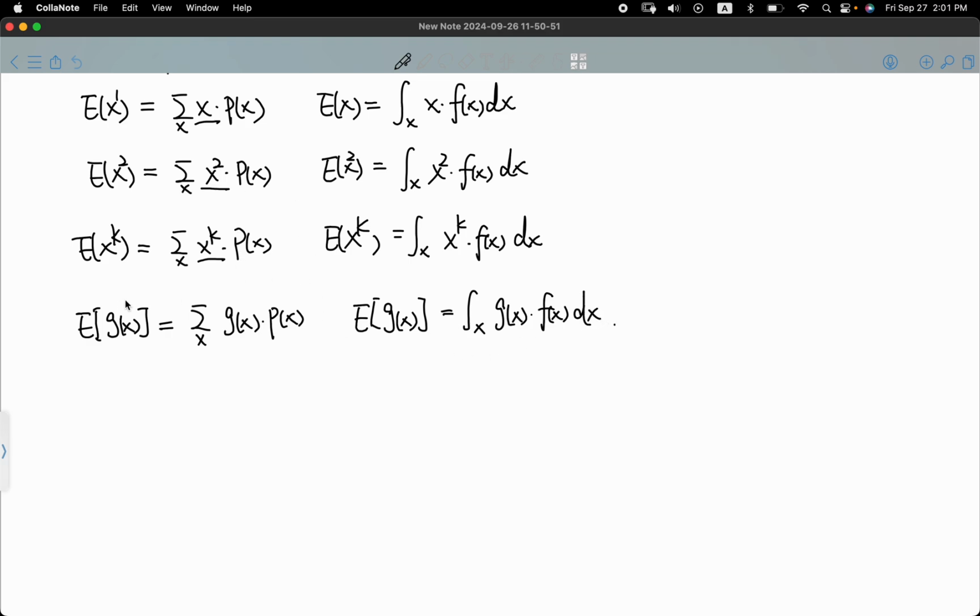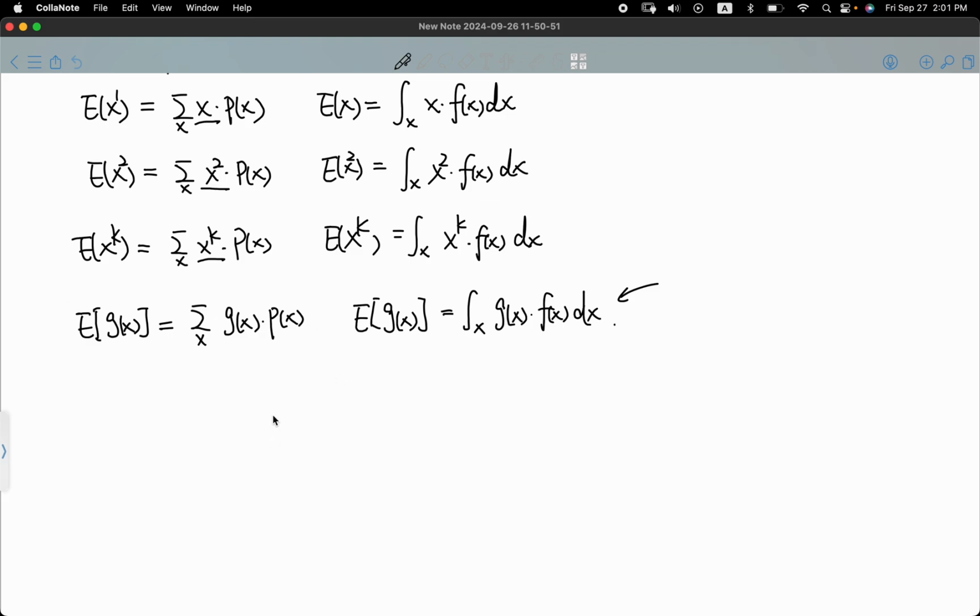So this is the generalized case, and for the expected value, which is just the first moment, you consider g of x equal to x. A function with input x and output x, or input x and output x squared, ends up giving all these kth moments.